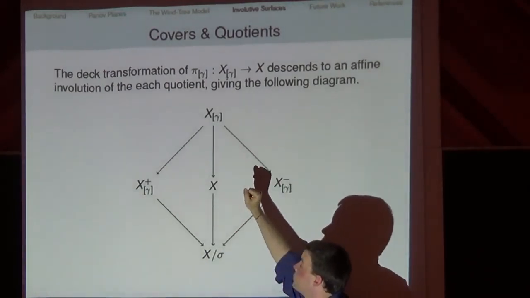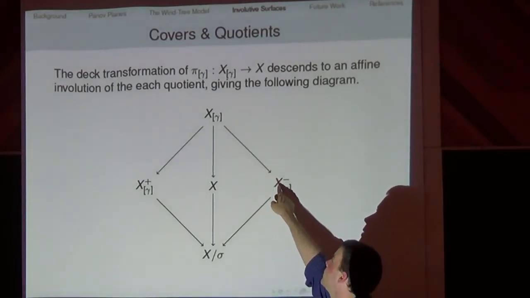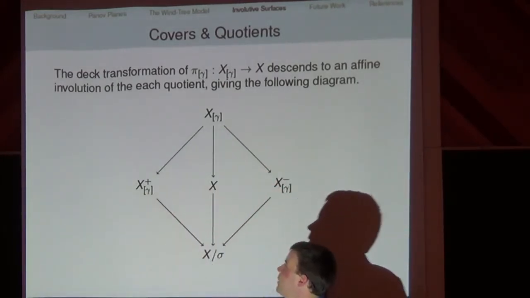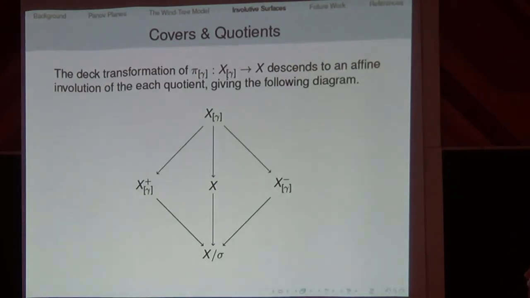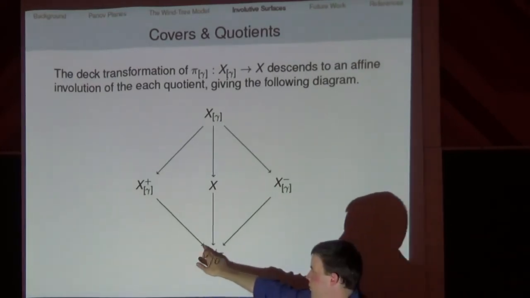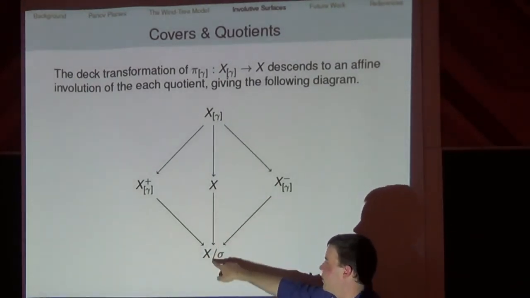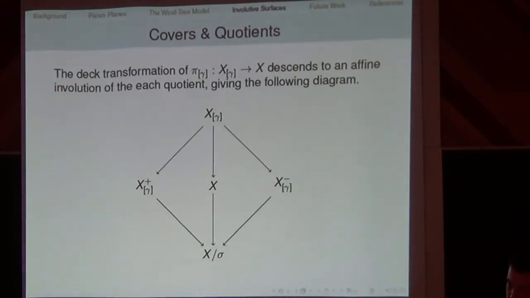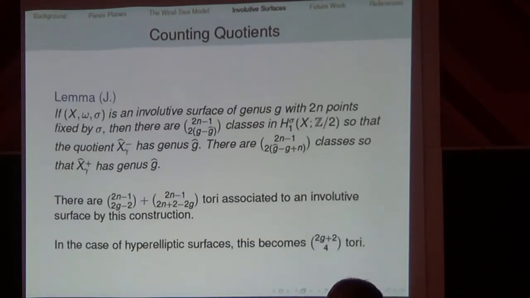And the deck transformation descends to an involution on both of these. And sort of remarkably, if you take the quotient of those surfaces under that descended involution, you get back your original quotient from this surface modulo its involution. Okay, so you have this diamond diagram that relates all of these surfaces.